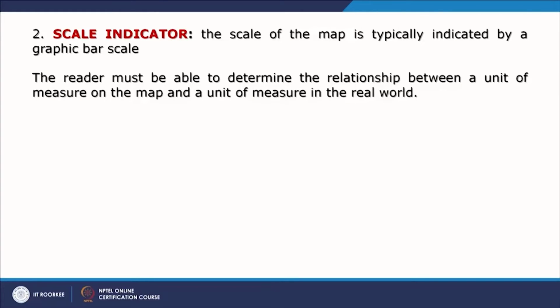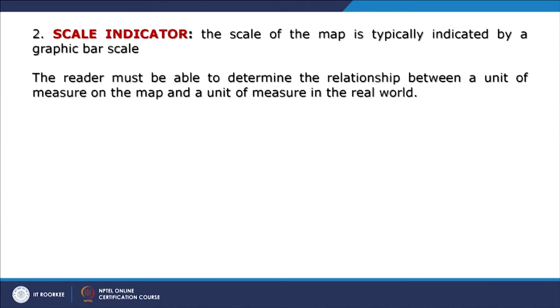Because the reader or user of the map should be able to determine the relationship between a unit of measure on the map and a unit of measure in the real world. For that purpose only we have a scale. For example, for a topo sheet, the scale is 1:50,000.